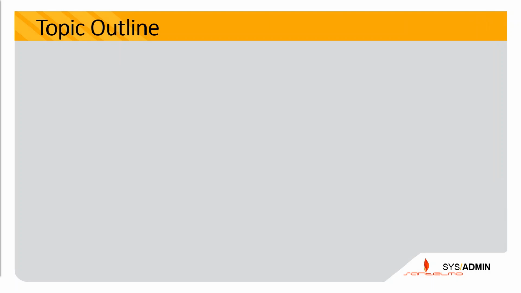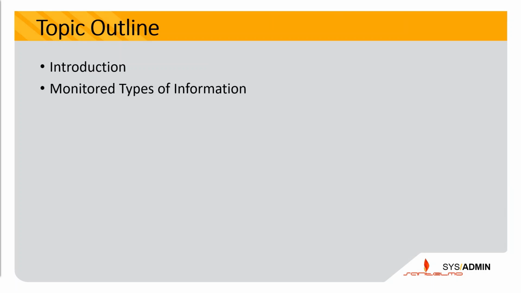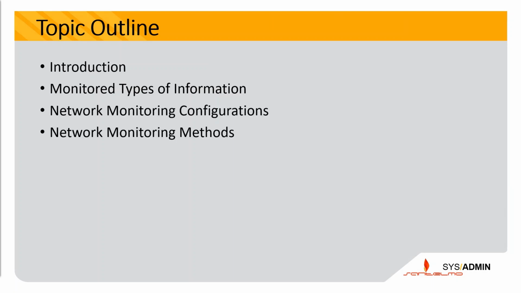Okay, so for the topic outline, on this video I'll be covering the introduction about network monitoring, the monitored types of information, network monitoring configurations, network monitoring methods, performance monitoring.